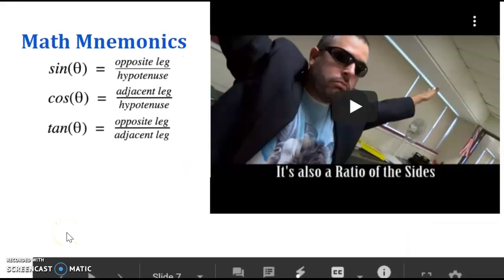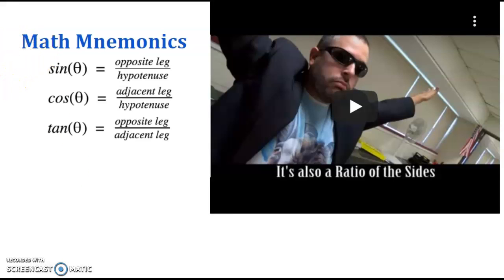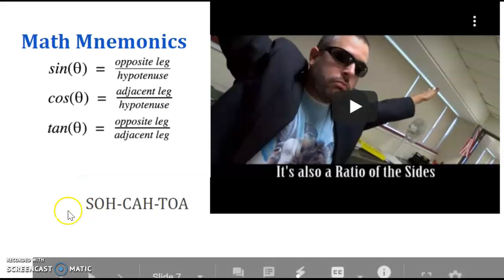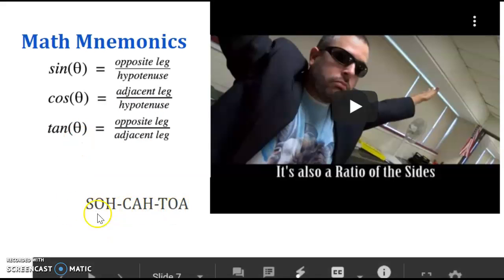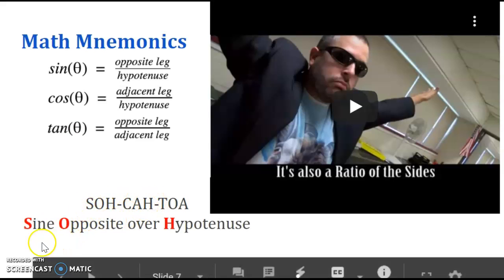Okay, so getting back to our slides now. So we've been talking about the trig ratios, and how do I memorize this? How do I remember that sine of theta is always going to be opposite leg over hypotenuse, and cosine of theta is adjacent over hypotenuse, and tangent is opposite leg divided by adjacent leg? Well, you remember SOHCAHTOA. And where do you get SOHCAHTOA from?